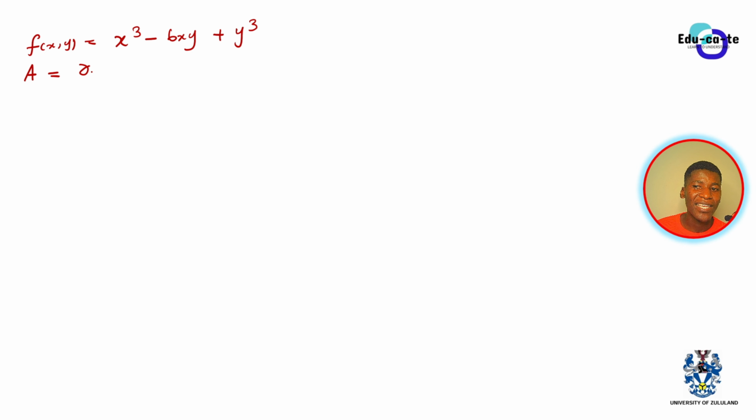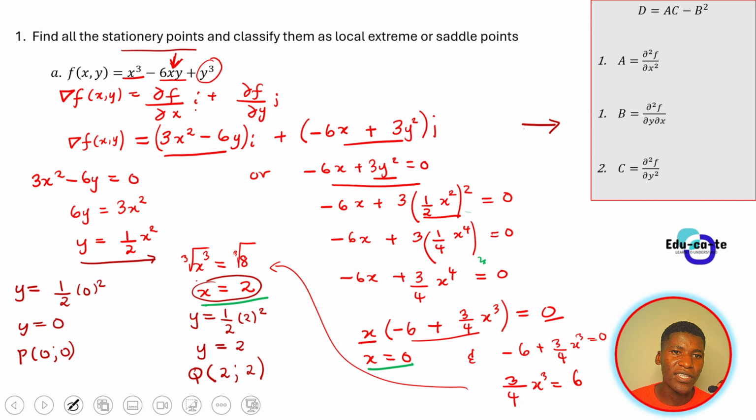So we have to take the second partial derivative in terms of x. Basically it means that you are going to differentiate the partial derivative of this function in terms of x. Remember that the first partial derivative of f in terms of x, we have calculated before and we found out that it is 3x squared minus 6y.